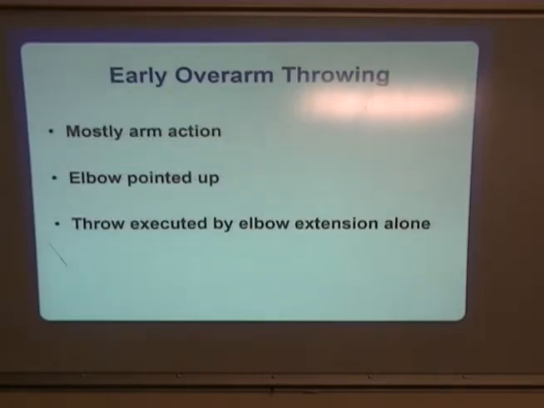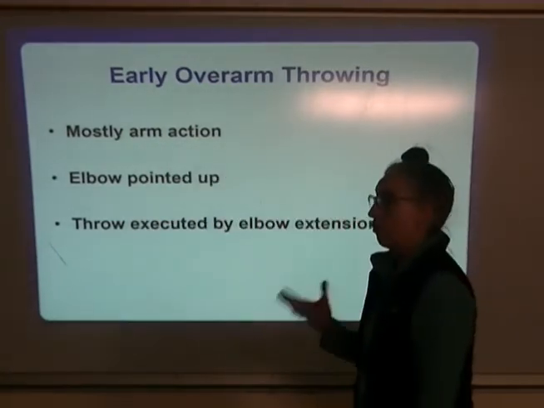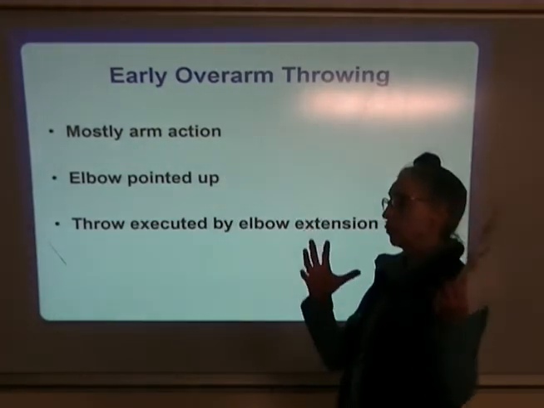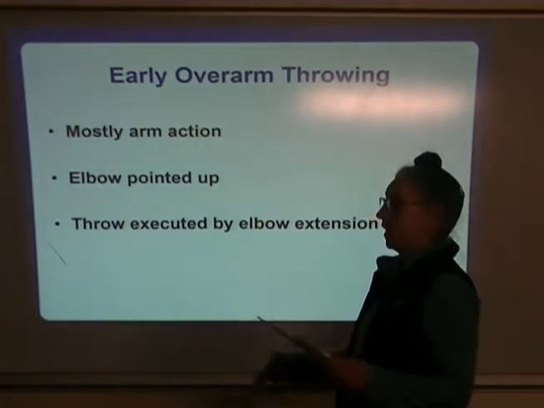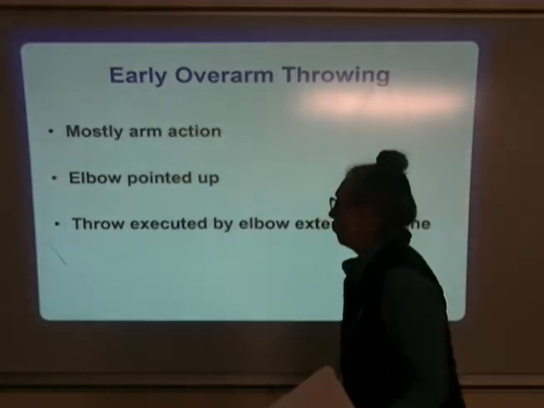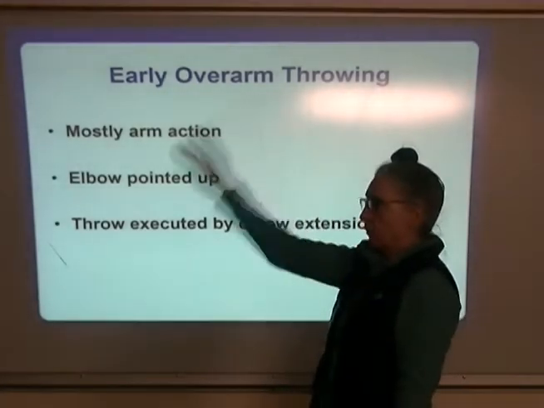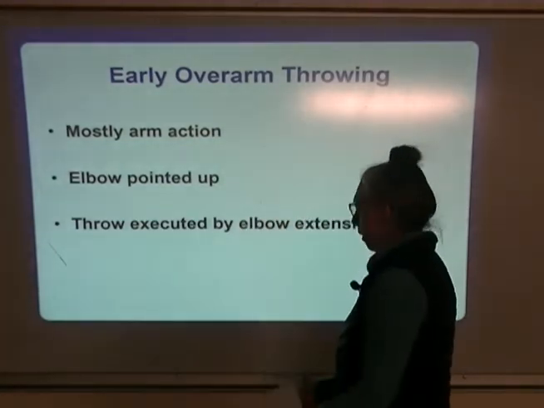So our early stages of fundamental throwing, think back to our MSU chart, all right? Remember that stage 1 is mostly arm action. We don't see the feet move at all. The elbow goes up and the hand just comes down. So really all we've got is extension at the elbow.